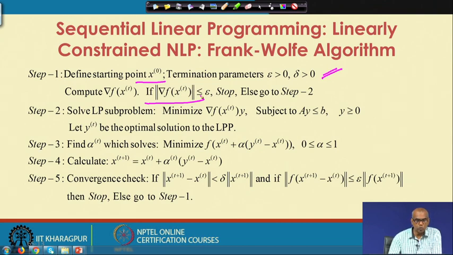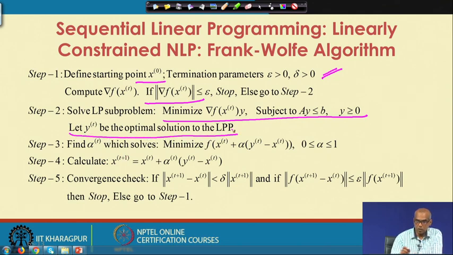In step number 2, you solve a linear programming subproblem, which is defined as shown. So, let y_t be the optimal solution to the LPP.